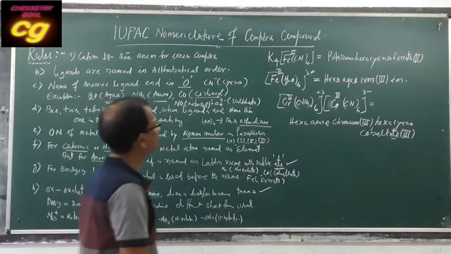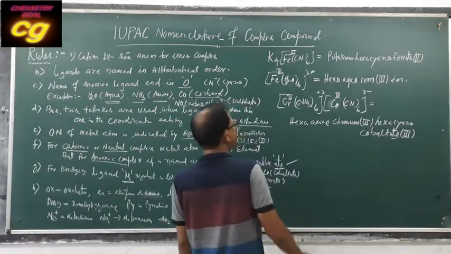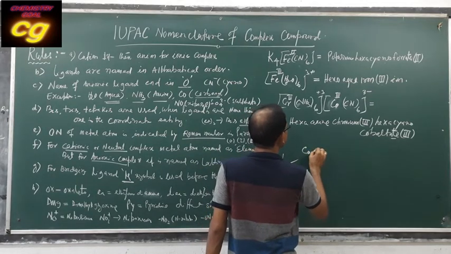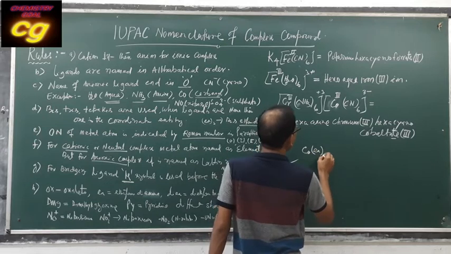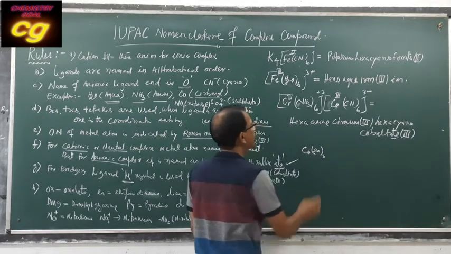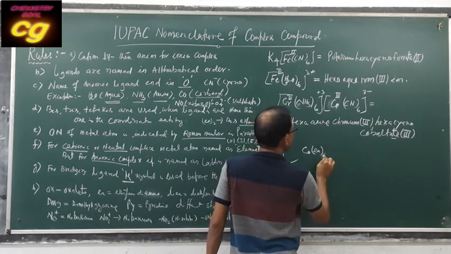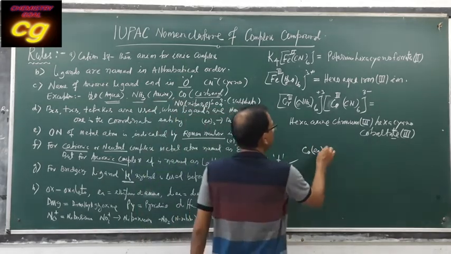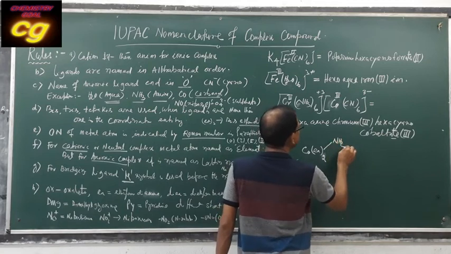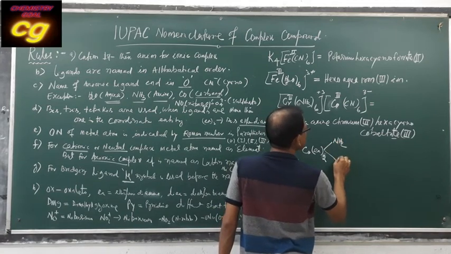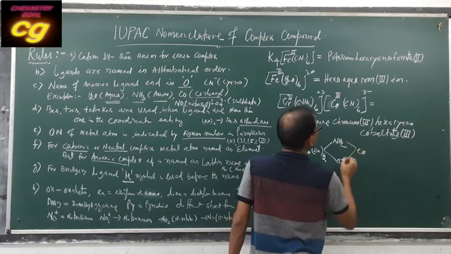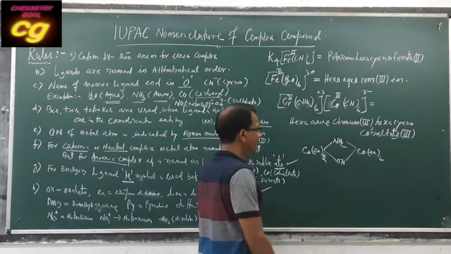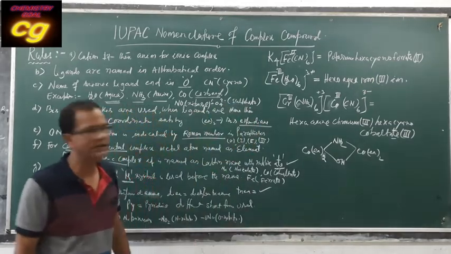Then another you can use like this. Suppose [(en)2Co(NH2)(OH)Co(en)2]. This type of complex indicates what?